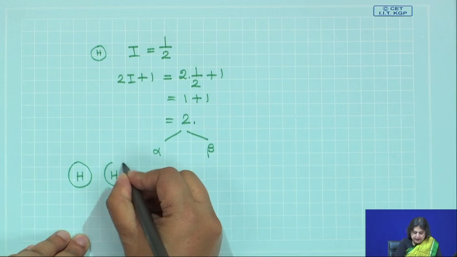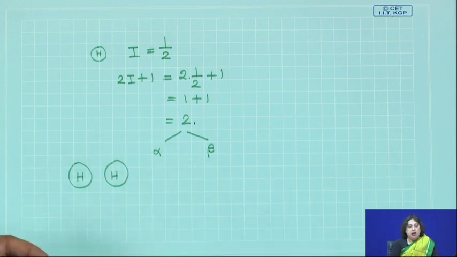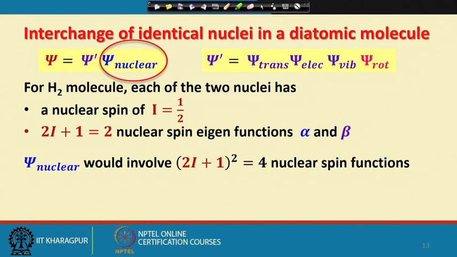Okay. Then the question is, if I can assume that the nuclear states of each hydrogen atom are occupied independent of each other, then the psi nuclear will involve how many nuclear spin functions?